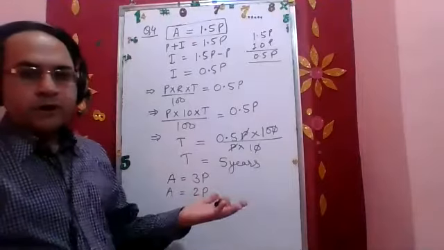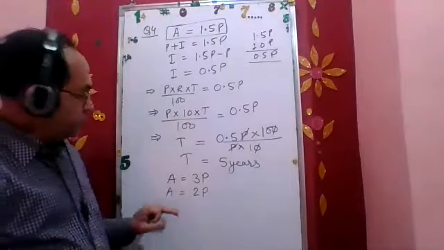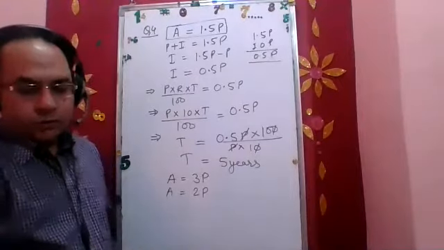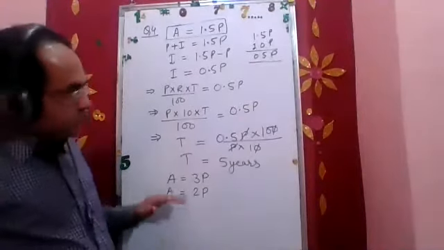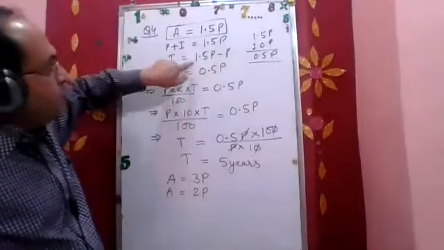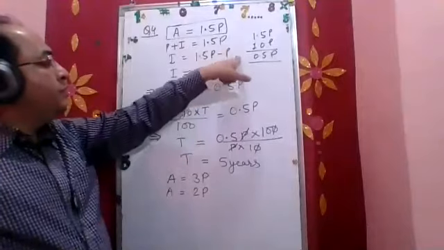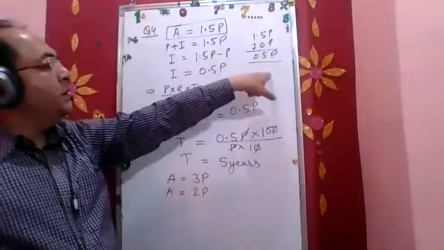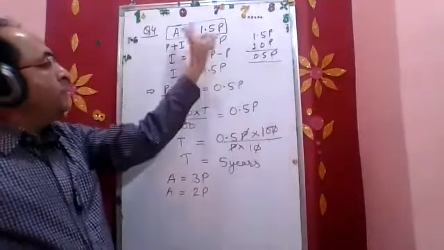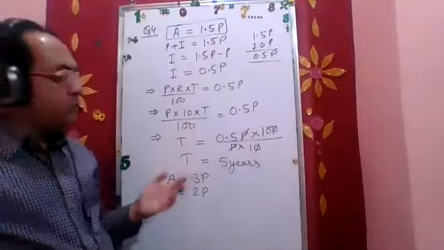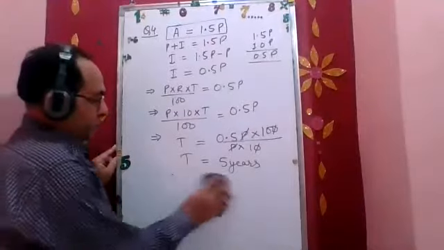Or money becomes 2.5 times, so A will be 2.5p. Like that, we have to solve the sum. The rest of the steps will remain the same, only the subtraction. You have to be careful here, like 1.5p and 1p, you subtracted, you got 0.5p. If it is something different, maybe 3, 2, 1, so that depends. All right.